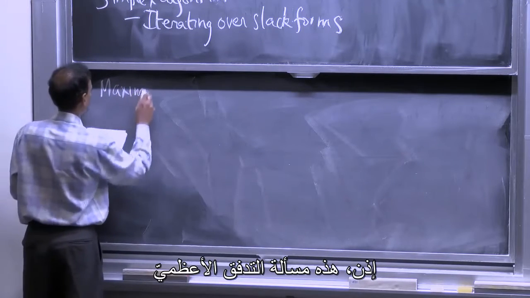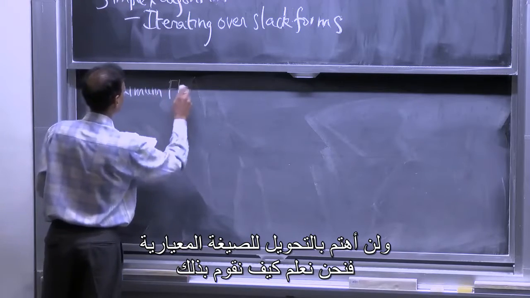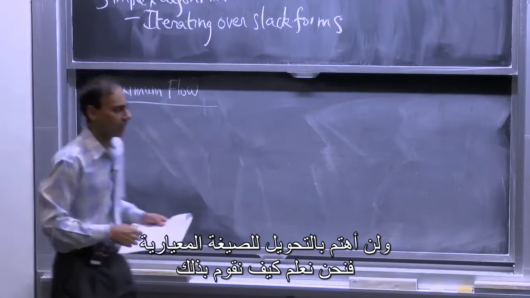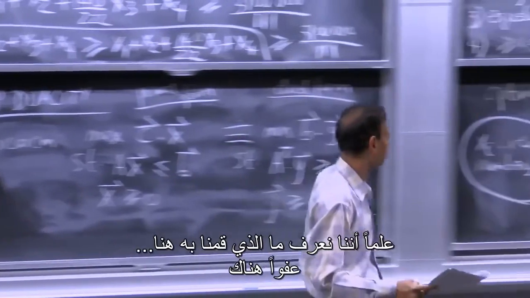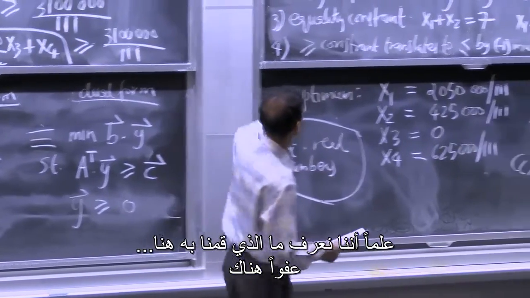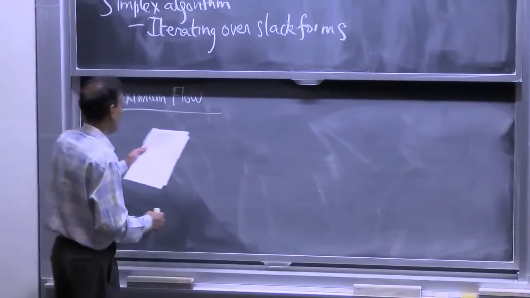So this is maximum flow. I'm not going to bother with converting to standard form. We know how to do that, given what we just did here over there. So I'll just do whatever I want to keep things simple.